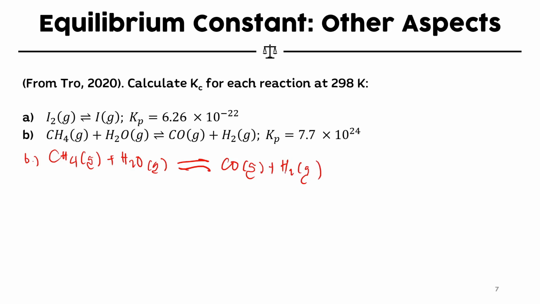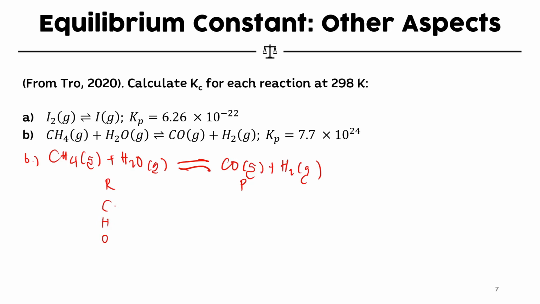So let's have our balanced equation here. Let's balance our equation first. So we have our only elements, carbon, hydrogen, and oxygen.